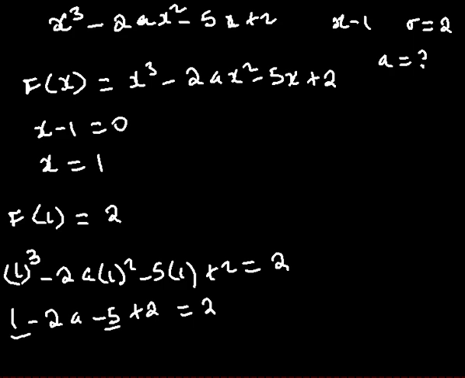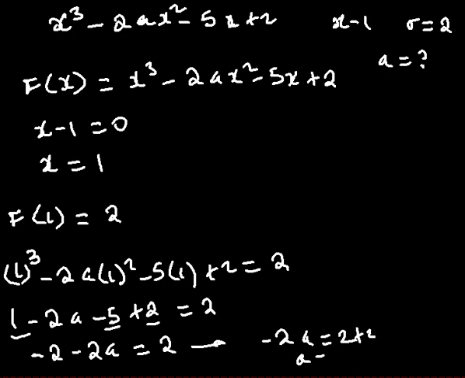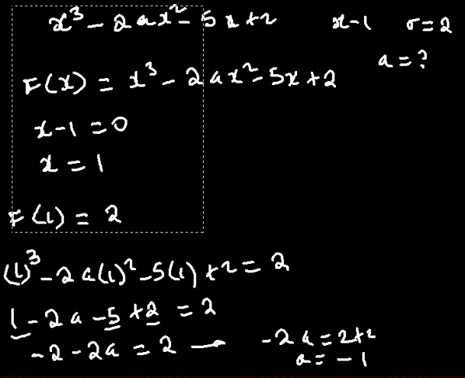We have negative 5 plus 1 is negative 4, plus 2 is negative 2, minus 2a, that is equal to 2. Now negative 2a is equal to 2 plus 2, of which a will be given as negative 1. So that is the value of a in that way.